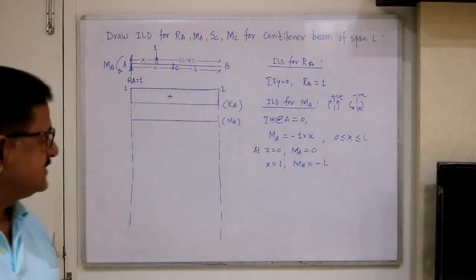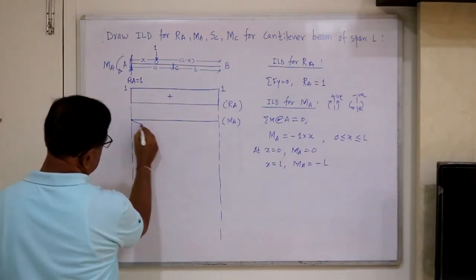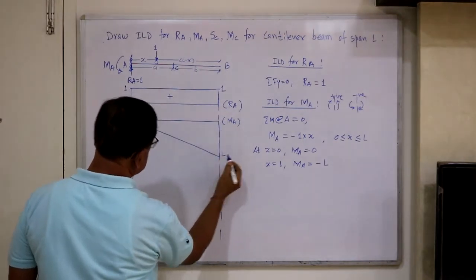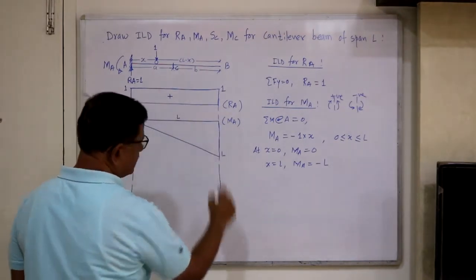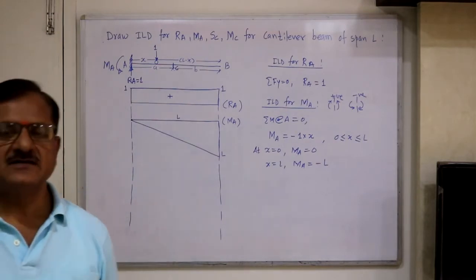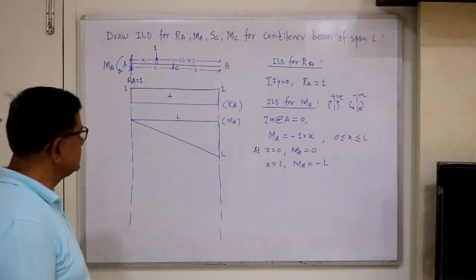So it varies linearly. So here it is 0 and this ordinate is L. This helps in plotting ILD when we use Muller-Breslau's principle.